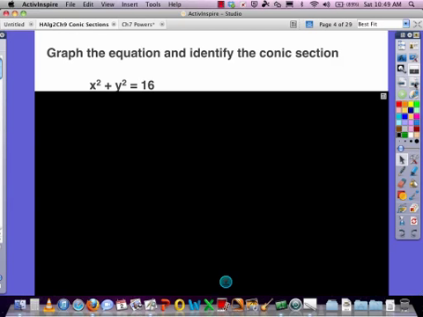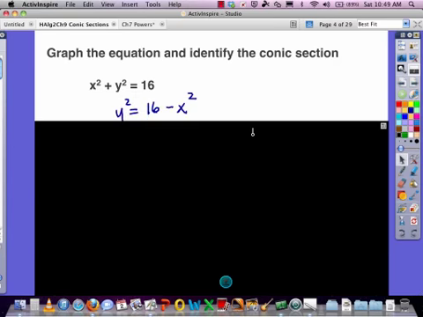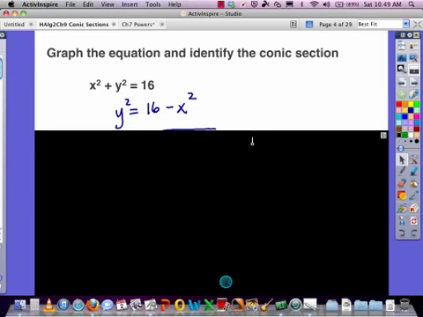So if we give you an equation, you might not recognize any of the equations. x squared plus y squared equals 16. If we do that, you should be able to tell me, hey, in order to graph, I know I need y by itself. So what have we done in the past? We've moved the variables. So let's move that x squared over to the other side.